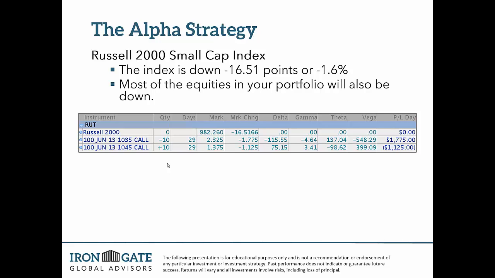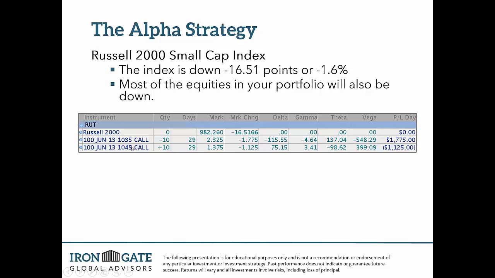If we are obligated to sell it to somebody at 1035, but we can buy it at 1045, then there's a $10 difference, which you could look at as your max loss, right? But at the same time, you received a premium for selling the 1035 calls.